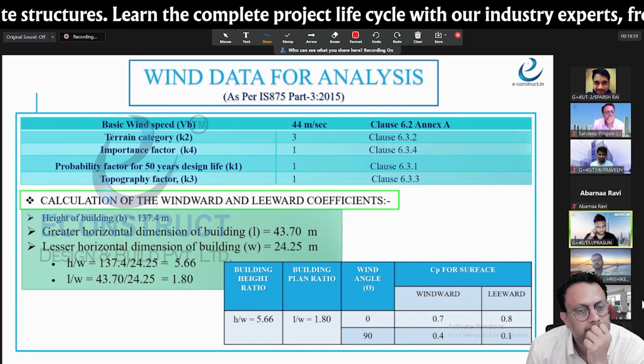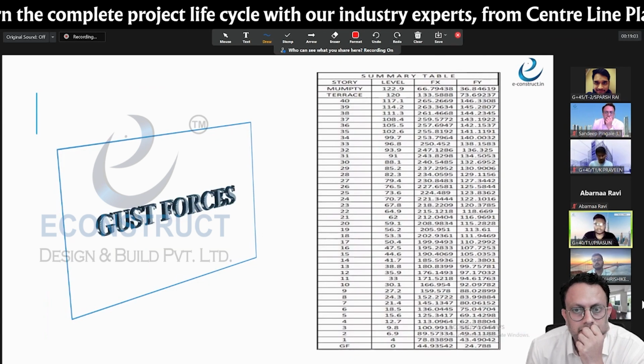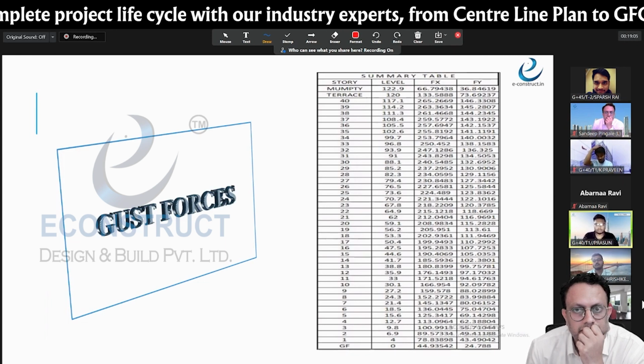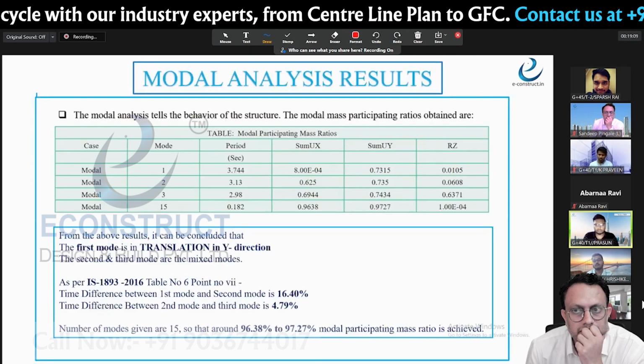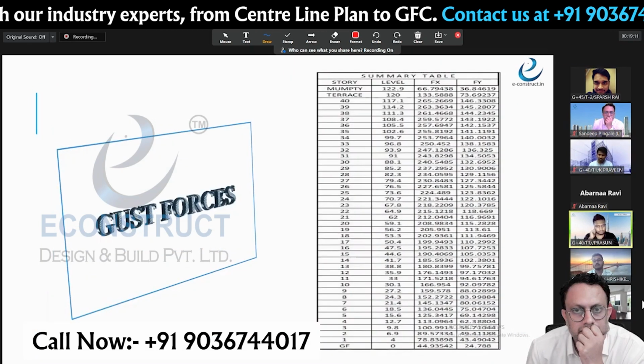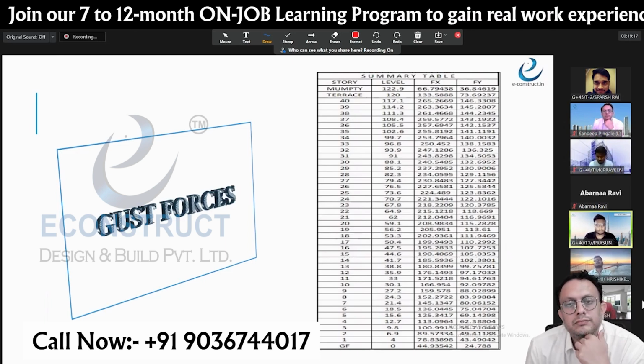Next slide, please. These are the gust forces which we have applied in the bottom tower case. The maximum gust force we have got is 265.26 kilonewtons at the 40th floor. Okay, next slide.